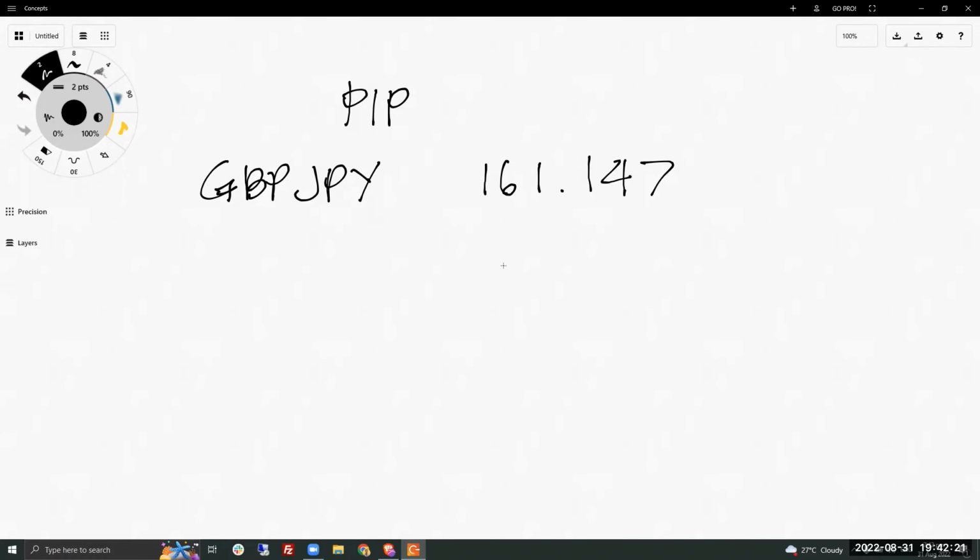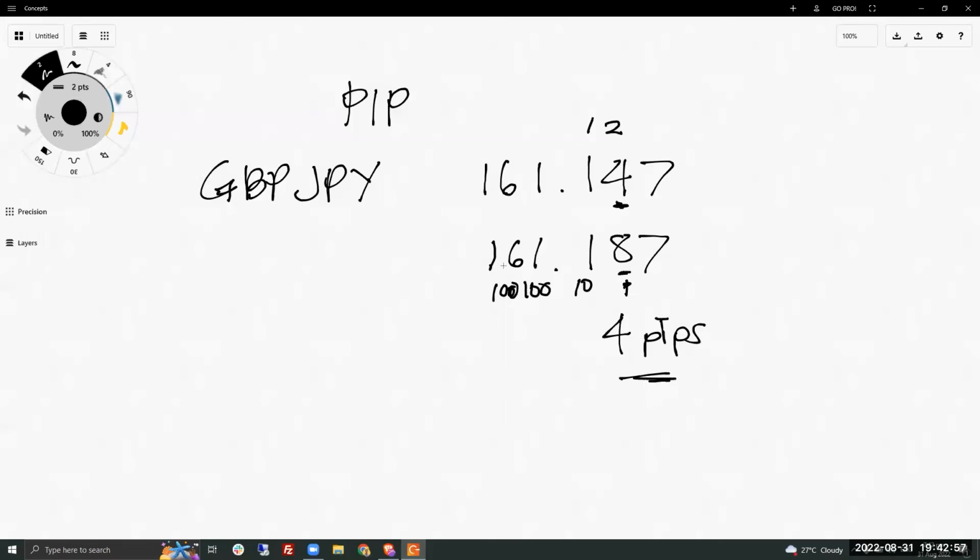So on this, since it only has 3 decimals, from the second to the last decimal point. So from here, 161.187, so that's considered 4 pips. So it's always ones, tens, and then hundreds, and then thousands, right, coming from this point. So regardless of what you have here, you always count starting from the second to the last decimal place.